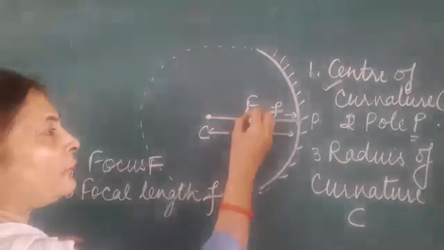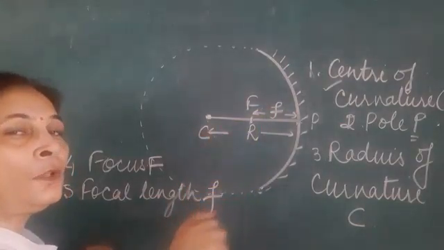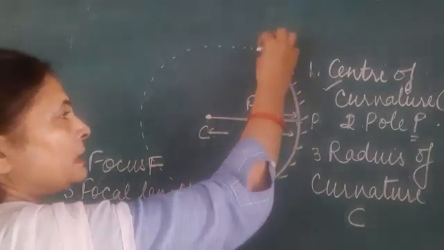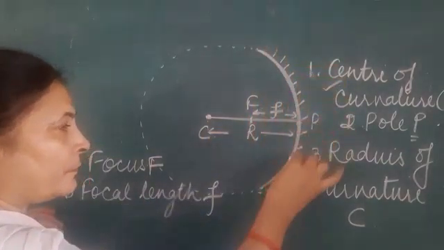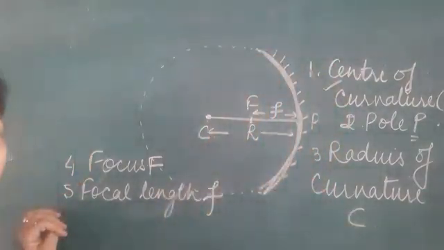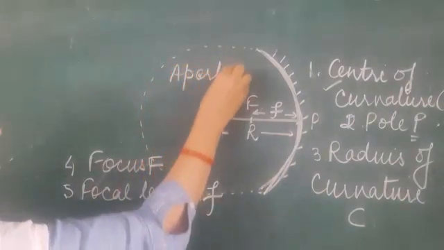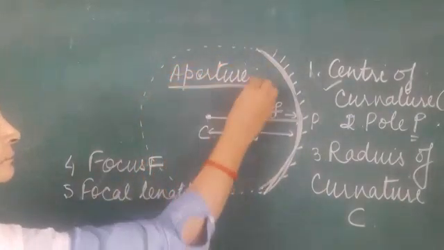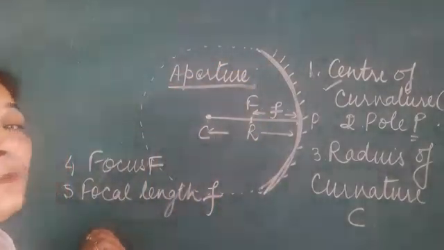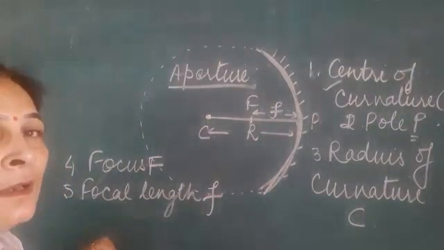This focus is defined in other terms also, which I'll tell you when we do the rules for image formation. This area of the reflecting surface which is given for reflection is known as aperture. So these are the various definitions which you should know in case of spherical mirrors.